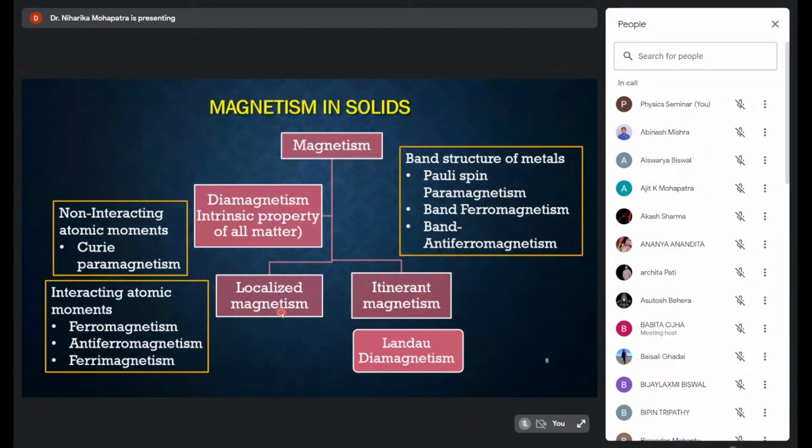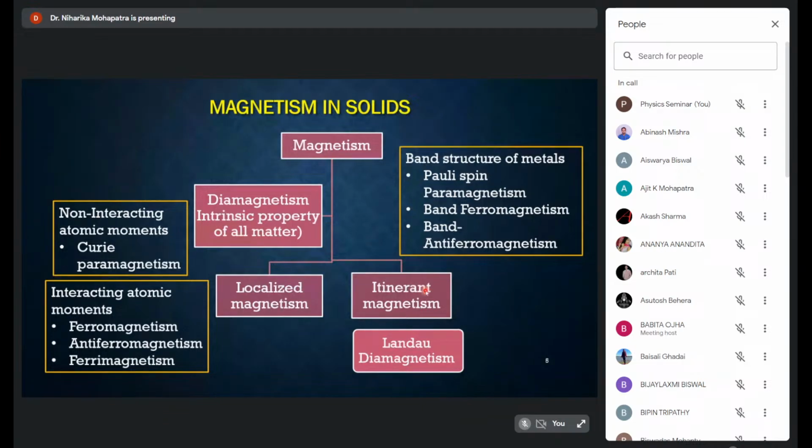Now further, if we look at the various types of localized magnetism, that is your traditional magnetism that you already study, like Curie paramagnetism, ferro, antiferro, ferrimagnetism. On the other hand, the itinerant magnetism also exhibits Pauli spin paramagnetism, band ferromagnetism, and band antiferromagnetism.